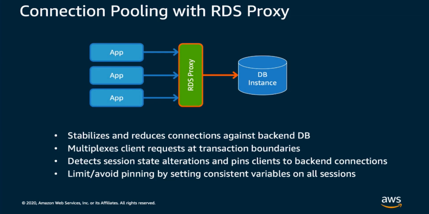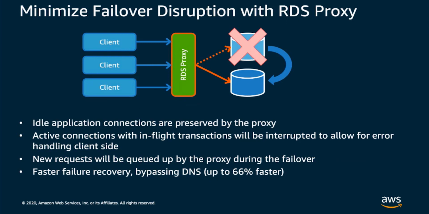What it does is that the proxy can reuse the connection after each transaction in your session. The transaction-level reuse is what is used for multiplexing. It can also decrease the failover timings. RDS Proxy can identify the secondary standby instance, so it can eliminate the DNS propagation I showed you. When a failover happens, it has to go through recovery, and then RDS has to update the DNS endpoints.